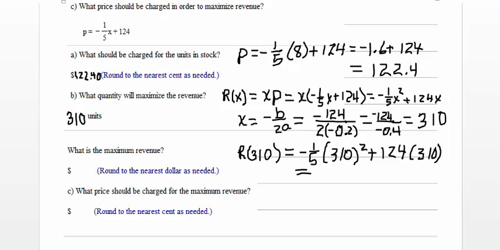And I use my calculator to calculate that value. So this equals 19,220. And these are dollars, so this is my maximum revenue. So the maximum revenue is $19,220.